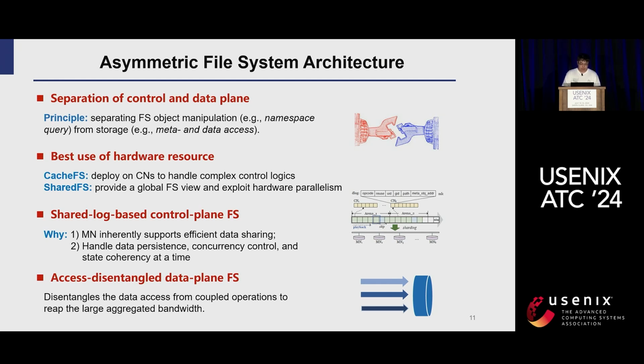On the other side, MNs provide a shared memory pool with PB-scale PM modules connected through high-performance NICs. Because the MN offers a global view of the whole file system, we define the data plane FS as a shared FS, which shares data over disjoint PM modules and parallelizes data access paths with hardware-provided parallelism.